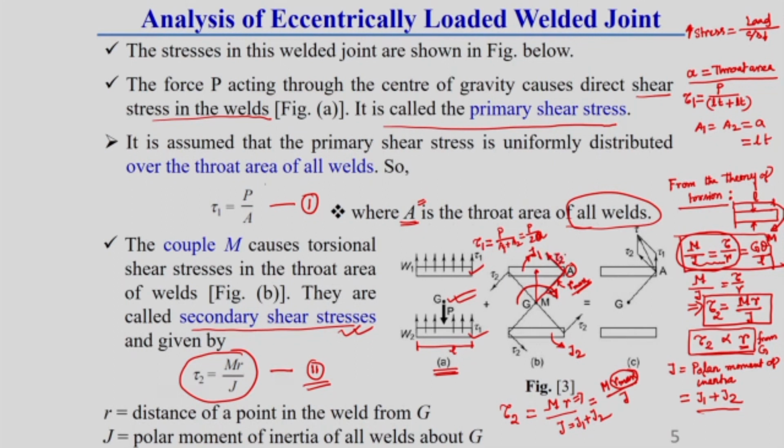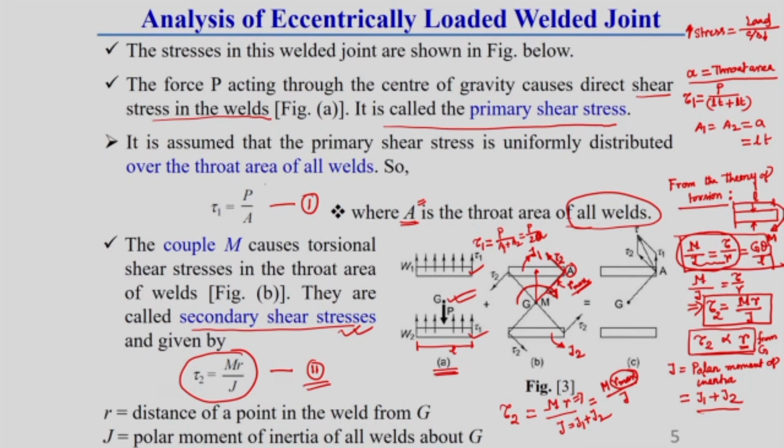Whether it is anticlockwise or clockwise, you should also know. Whatever couple we apply develops a resisting couple inside the weld, and the direction of the resisting couple inside the weld will be opposite to the applied couple.